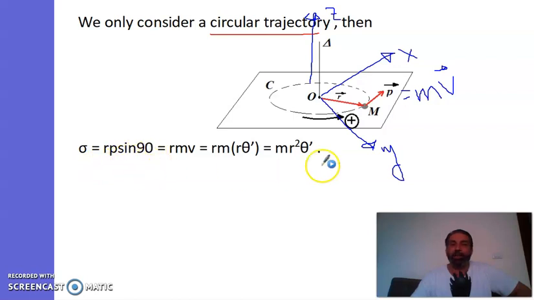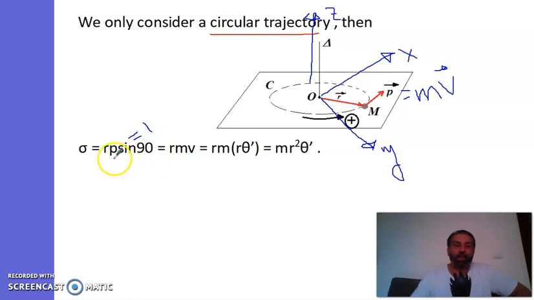Why 90? Because p is always tangent to the trajectory, I mean tangent to the circle, and r is along the radius of the circle. And you know that the tangent and the radius of the circle are always perpendicular. There is a right angle. So rp sine 90. Sine 90 is 1.